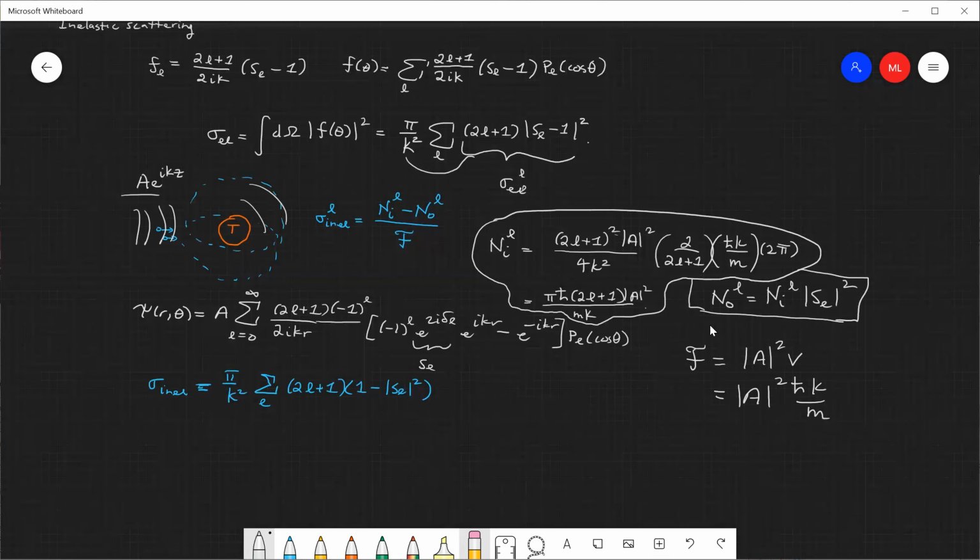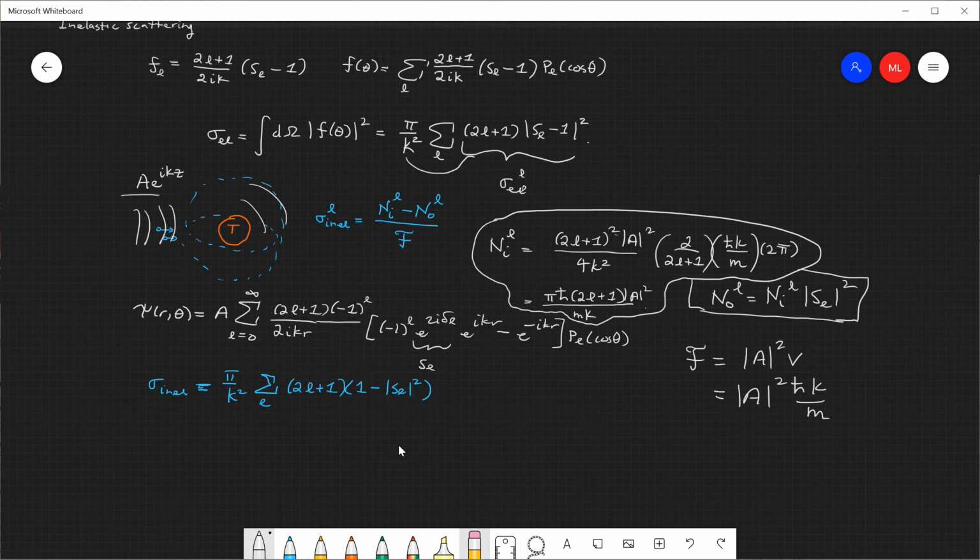So everything, if you divide this, the A squared factors cancel out. You pick up another factor of k, so you get a 1 over k squared. The m's cancel and the h bars cancel, so you get a pi over k squared, which is this term out front, times (2l plus 1) times 1 minus the magnitude of S sub l squared, because that's the difference between the incoming and outgoing.